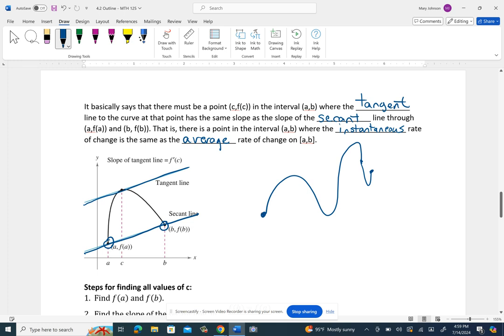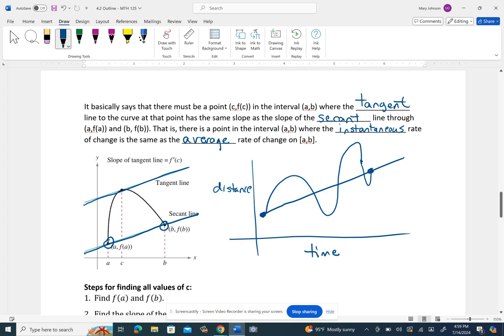If you record it, and if this was the distance, okay, and here was time, and you looked at the slope of this line, okay, you could do that to get a sense of what your average speed, your average velocity was for the whole trip.